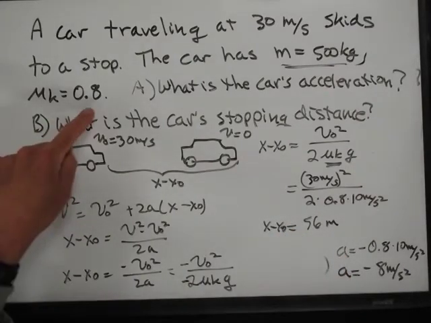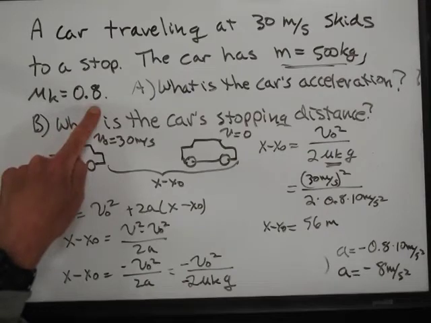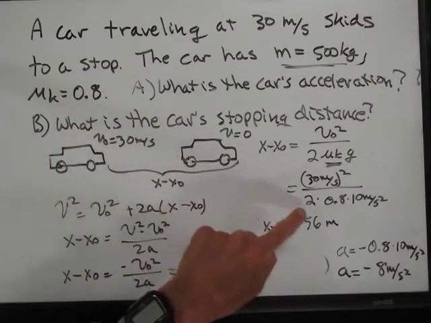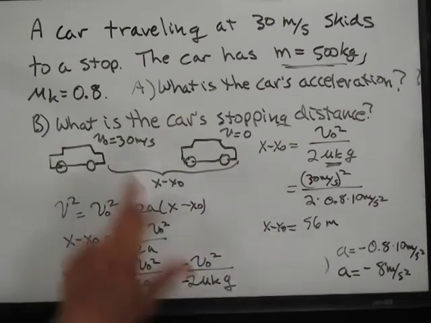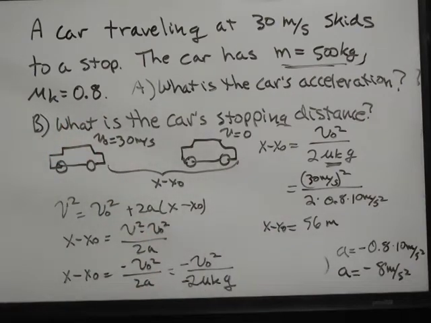What if it happened to be icy, and instead of being 0.8, the coefficient of friction was 0.1? Or what if the roads were wet and it was 0.2?